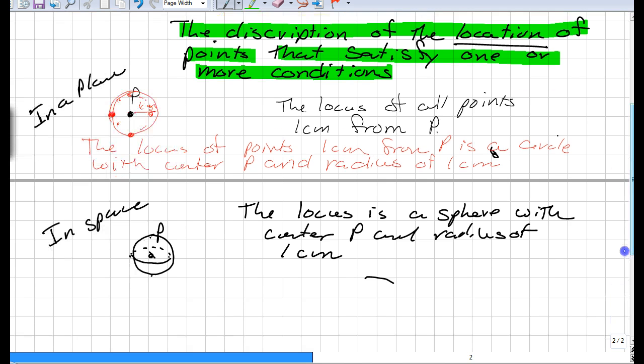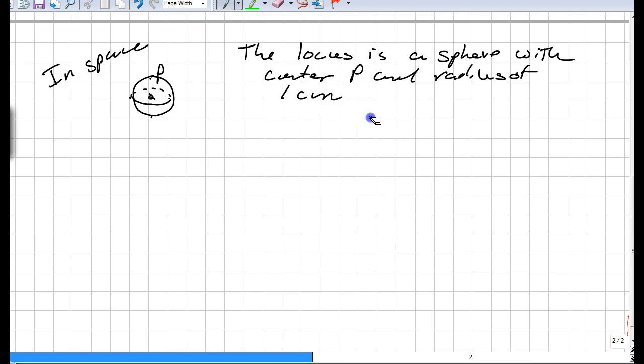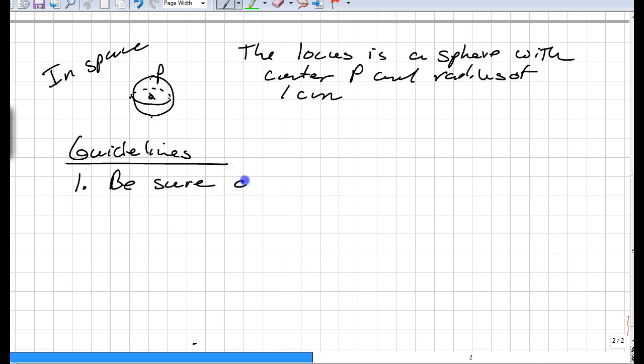So when you're working with locus, there are basically 3 guidelines that you want to follow. Number 1, be sure of what dimension you are working in.